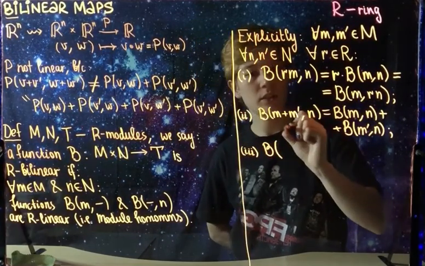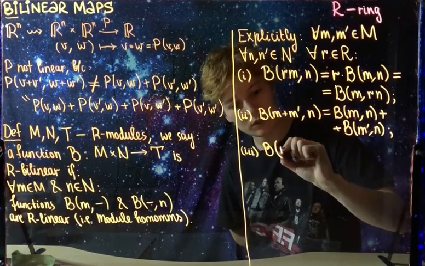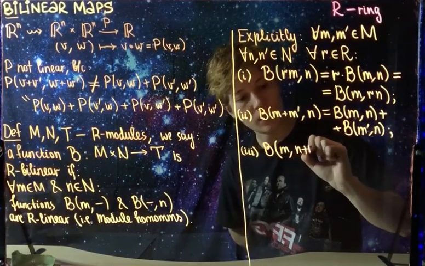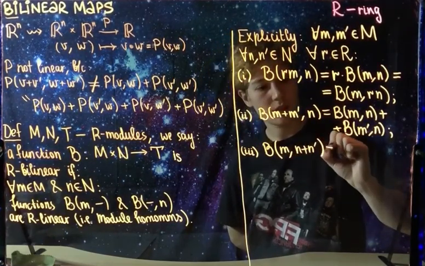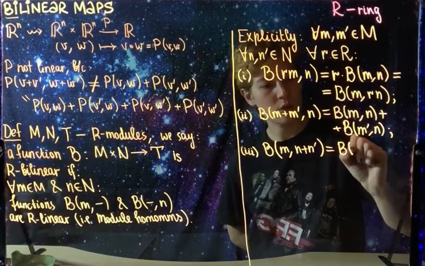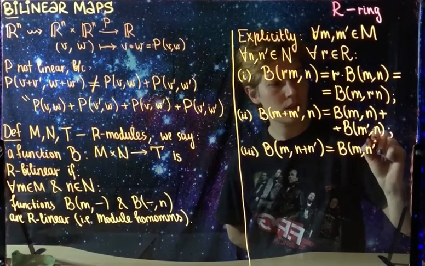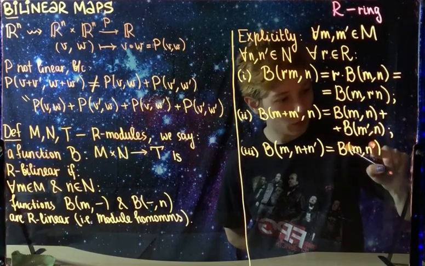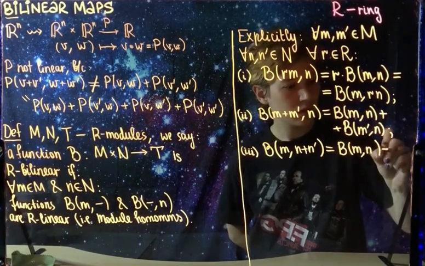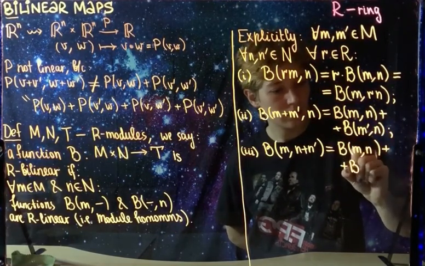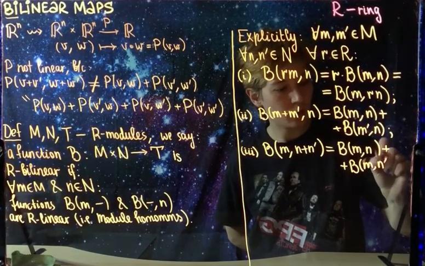So this is additivity in the first entry, and likewise for the second entry, we get B of (m, n plus n prime) is equal to B of (m, n) plus B of (m, n prime).